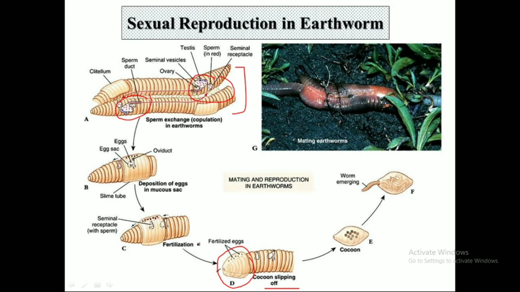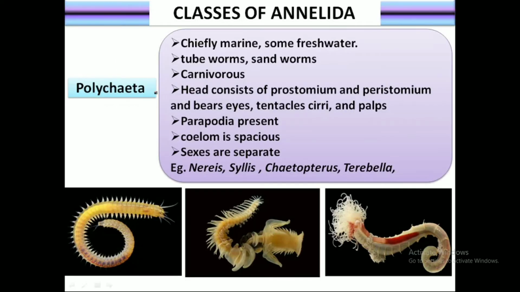After 2 to 3 weeks, the cocoon produces 2 to 20 baby worms. Here the development is direct, that is, there is no larval stage in the life cycle of an earthworm. This figure demonstrates the various events in the mating and reproduction of the earthworm.